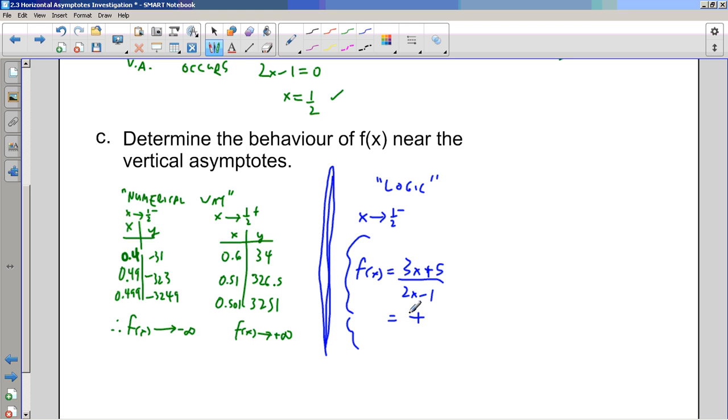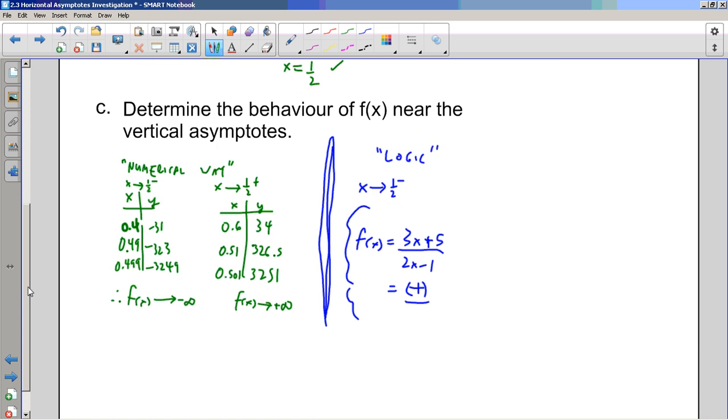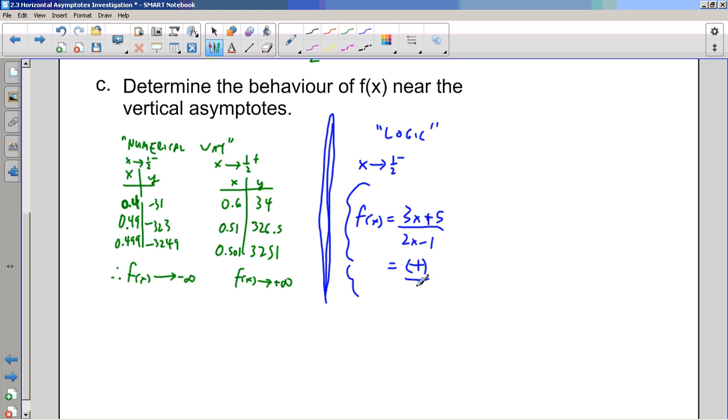Really, all we're interested in are positives and negatives. And on the bottom, when x is a little bit less than a half, 2x is a little bit less than 1. So a little bit less than 1 subtract 1 is going to be a small negative number.